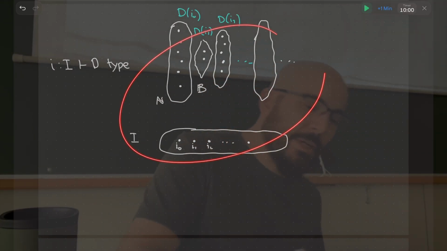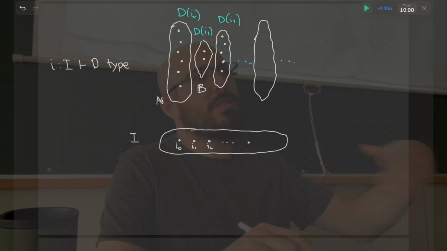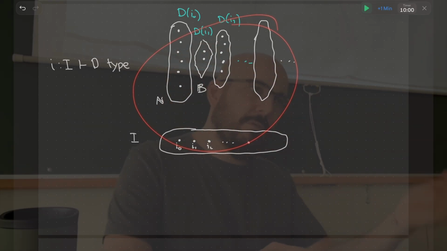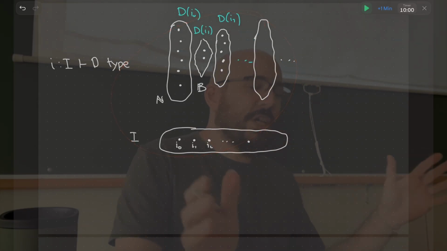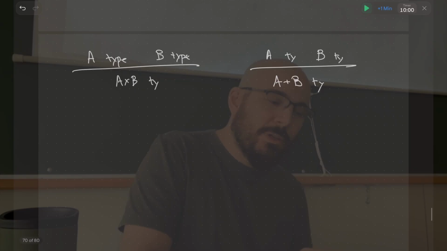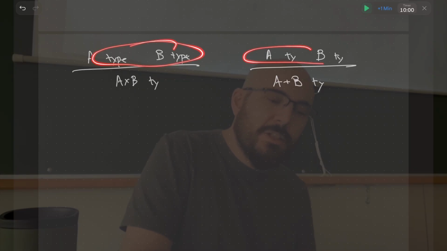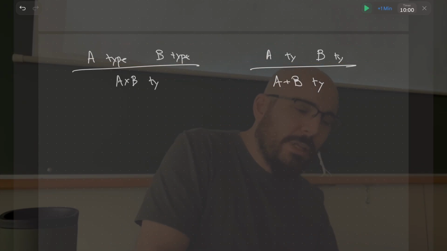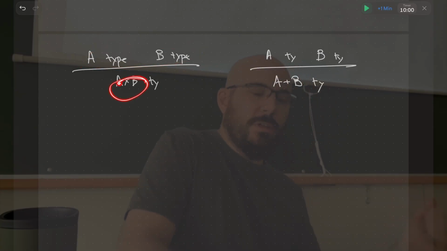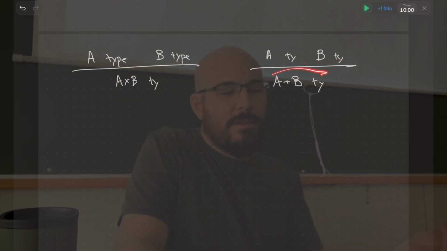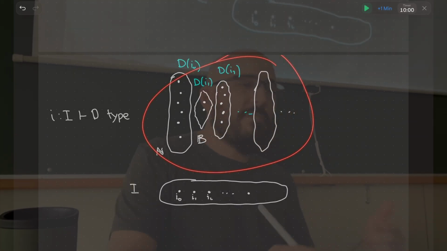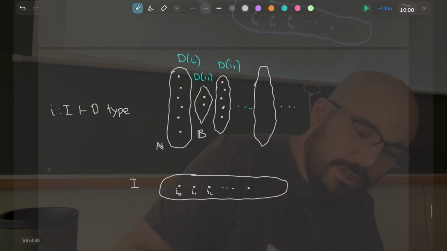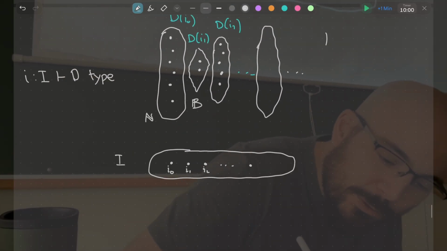As soon as you have this situation, you can form a generalized product. And as soon as you have this situation, you can form a generalized sum. And this situation will not change. And this should also make sense because even in the binary cases, the situations did not change, the givens, the context. I had two types, I can make the product of them. I had two types, I can also make the sum of them. And I will do the same thing now that I have a family of types. I have I many types. I can say it like that. I don't have two, I have I many types, one for each I.